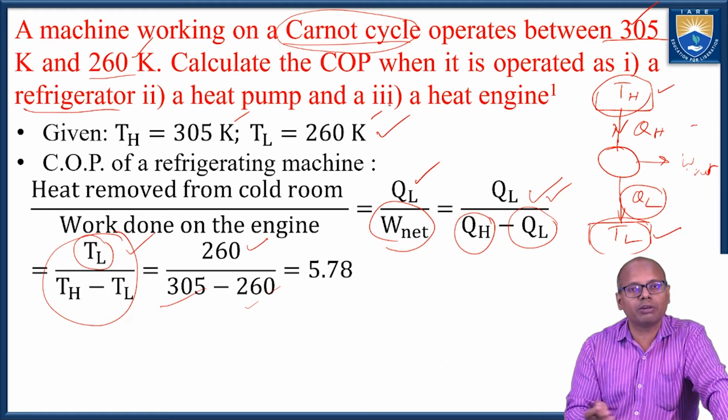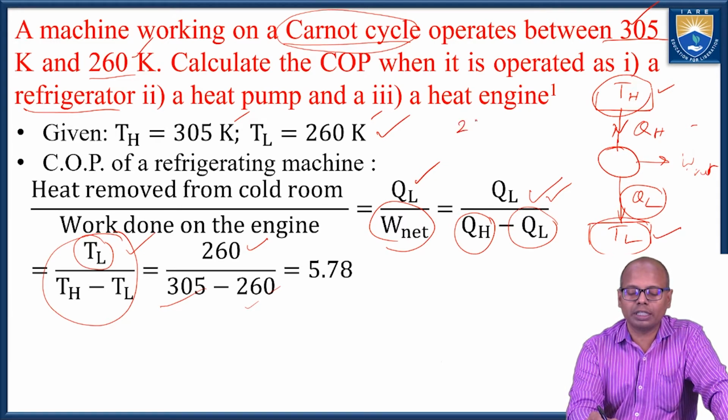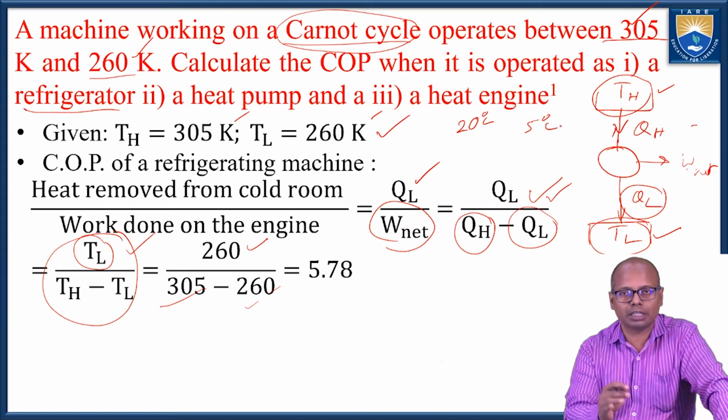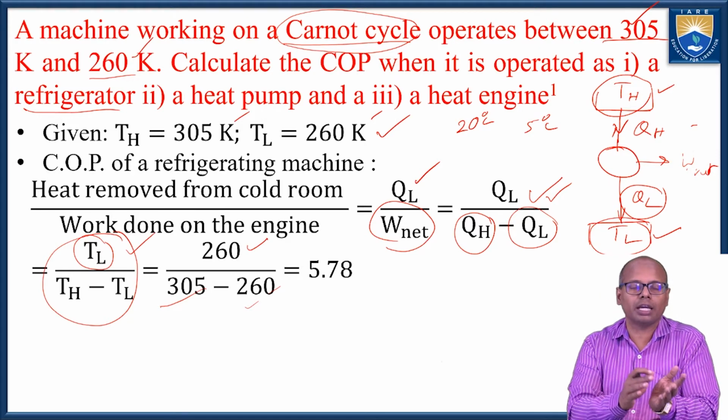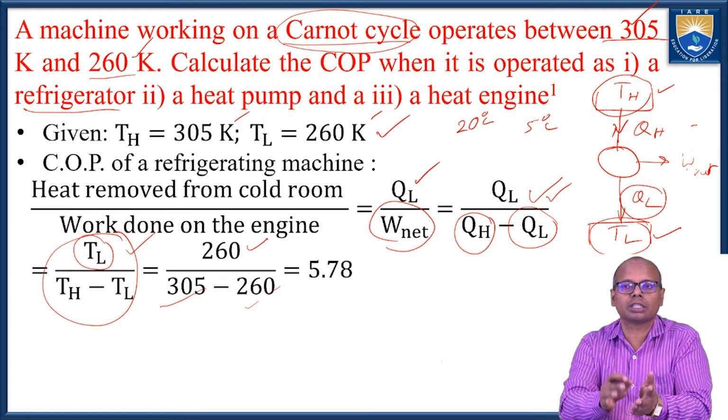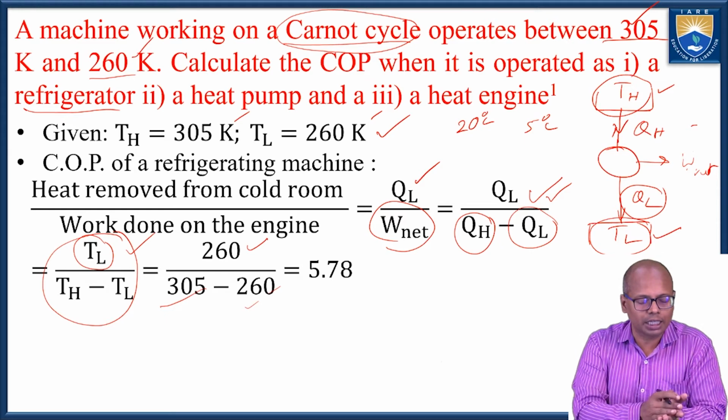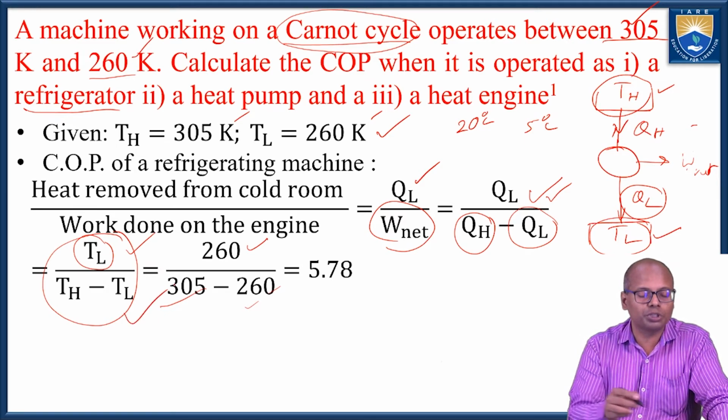Say suppose if they have given in centigrade, say 20 degrees centigrade and 5 degrees centigrade, something like that. Then what we have to do? We have to add 273 to these temperatures and make it Kelvin before we substitute in this formula.